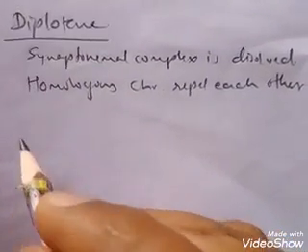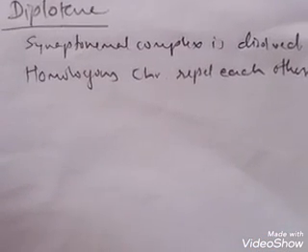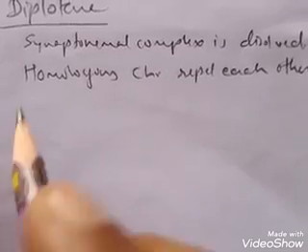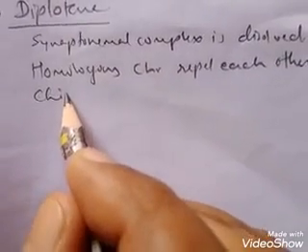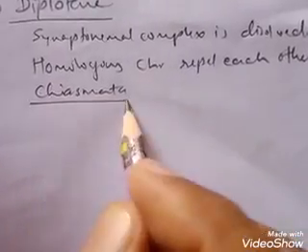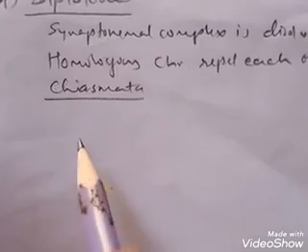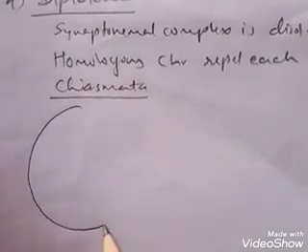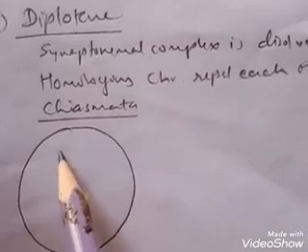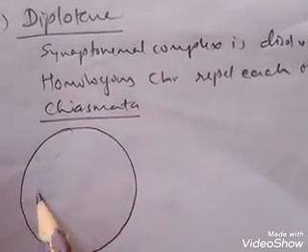The homologous chromosomes remain attached at certain X-shaped regions, and that is called chiasmata. That still appears here, chiasmata. When you observe the structure, this is the cell, and the nuclear membrane starts to disappear, and the nucleolus also disappears.